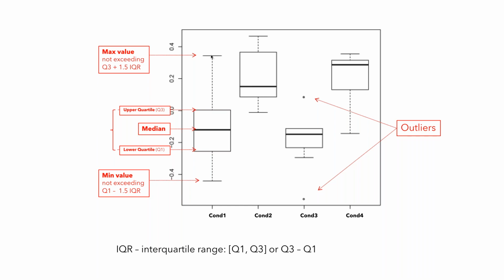So just to review the elements, we have the max value, and then we have the upper quartile and the lower quartile. This is the bottom 25%, the top 25%, and this is the middle 50%. And this would be the median. If you just take a look at this box plot, you right away spot outliers, which are not typical for the data represented in this condition. And you kind of see the standards within this box plot.